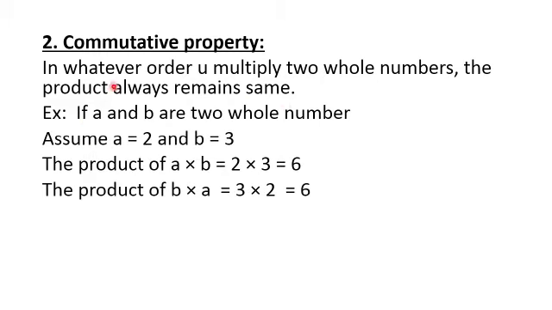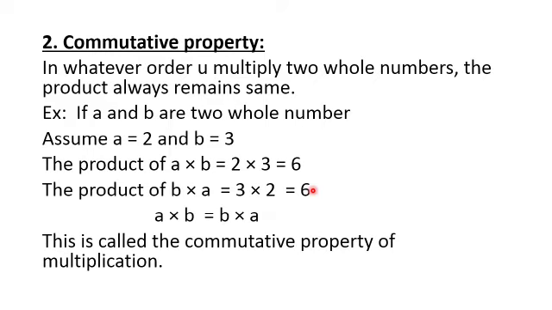Here we have the example. If A and B are two whole numbers, assume A equal to 2 and B equal to 3. We are going to find the product of A into B and then the product of B into A. When you multiply A into B, 2 into 3, that gives you 6, and B into A, that is 3 into 2, the answer also remains the same, 6.